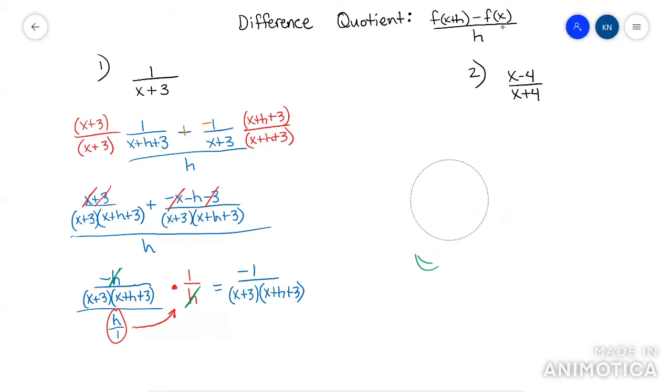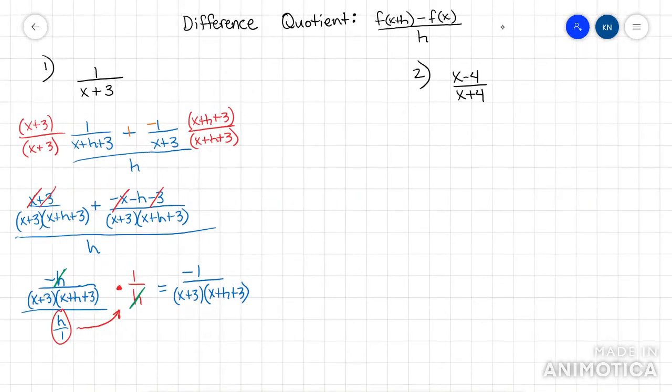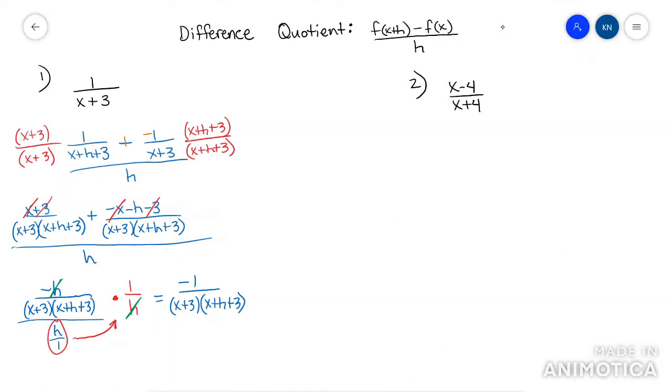Okay, let's go ahead and work through the second one. When you write x plus h, this first part, both of these letter x's are going to get changed. So it's going to look like this.